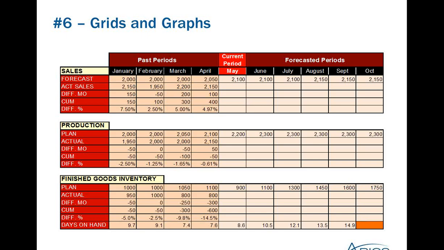And all that is taking the actual beginning inventory and then subtracting the sales and adding the production, and you will come up with a projected available finished goods inventory. Then you can compare that to your plans and find out if that production plan is right.